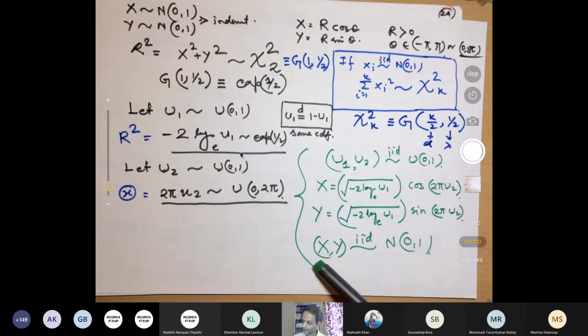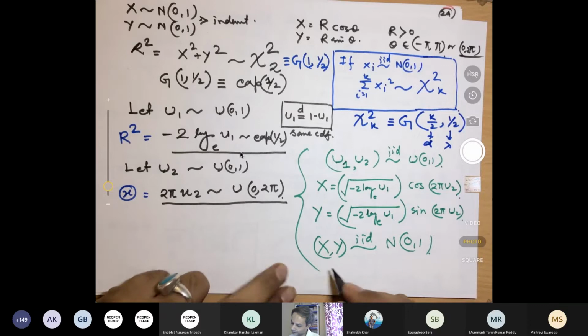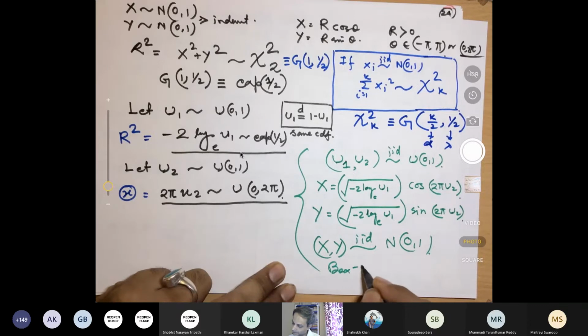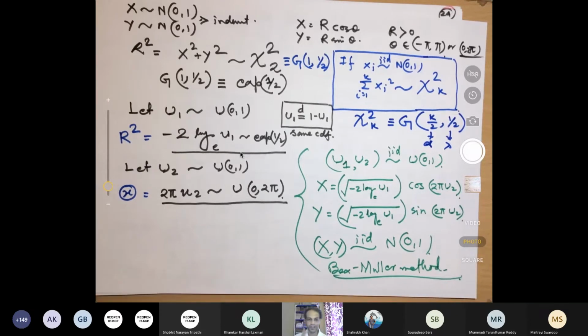What you get as X follows normal 0, 1, and what you get as Y also follows normal 0, 1, and they are independent. That is the Box-Muller method. We need a pair of independent uniformly distributed random variables, and from there we can get a pair of independent normally distributed random variables.